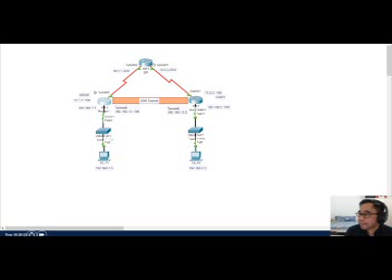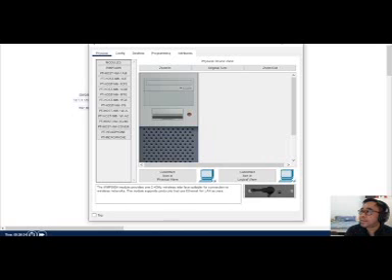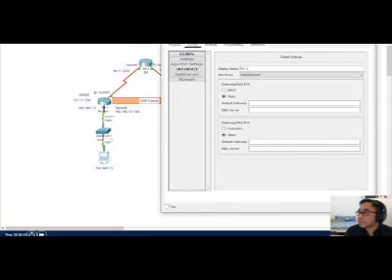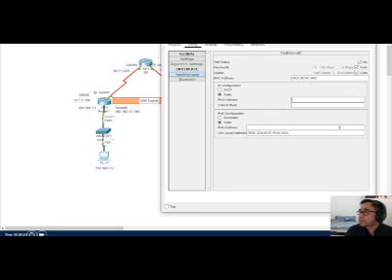Okay, so we need to set the IP address. The default gateway is 192.168.1.1. The IP address for this is 192.168.1.5.